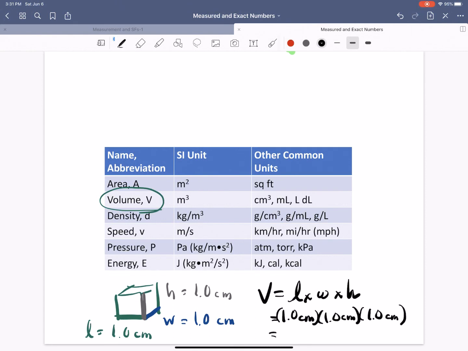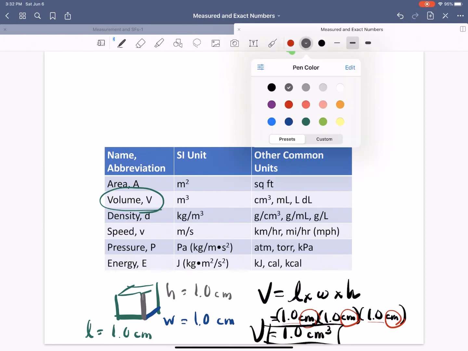2 sig figs times 2 sig figs times 2 sig figs gives us an answer of 2 sig figs. Centimeters times centimeters times centimeters is centimeters cubed. So the volume for this cube is 1.0 centimeters cubed.